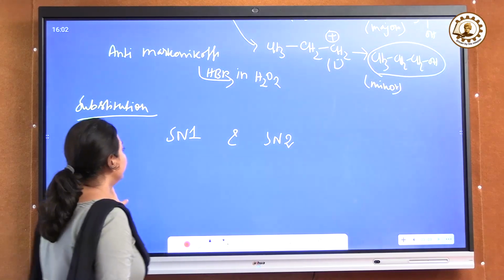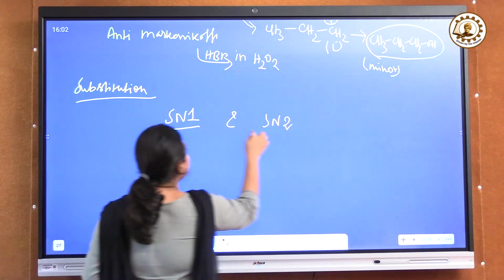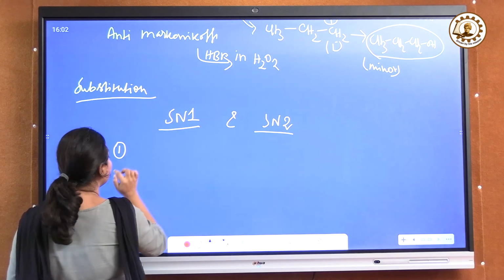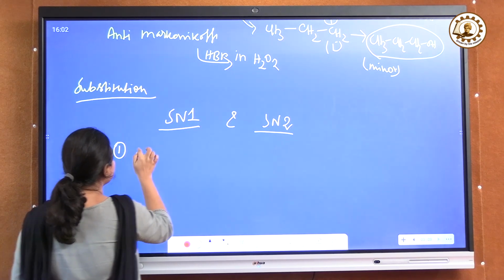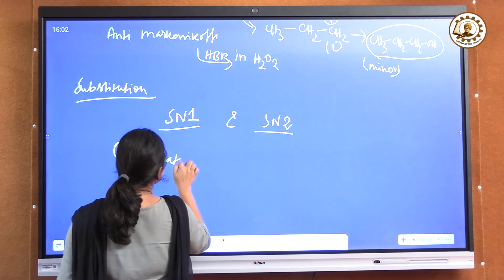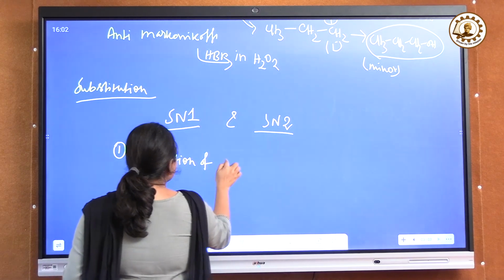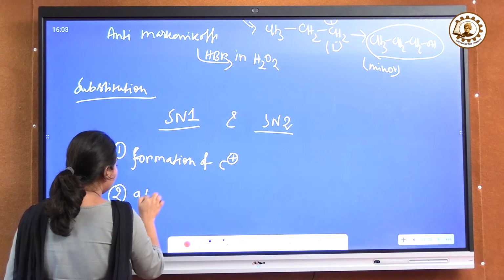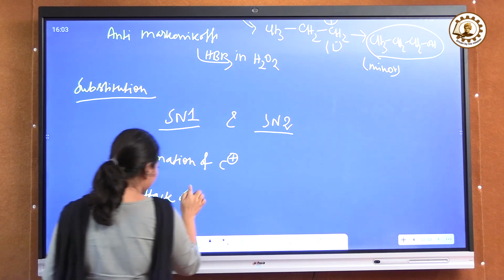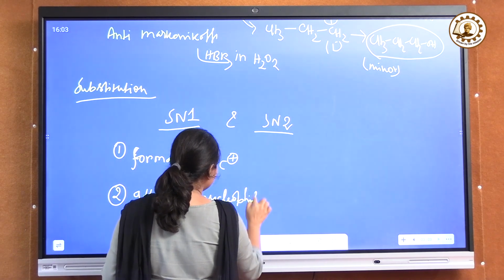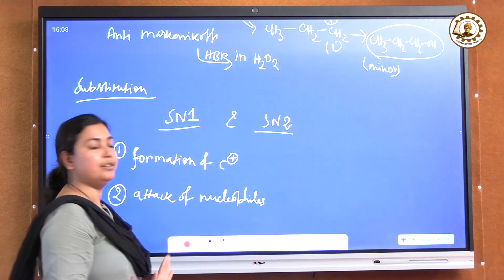In SN1, there are two steps. First one is formation of carbocation, and the second step is attack of nucleophile. These are the two steps involved in the SN1 reaction.